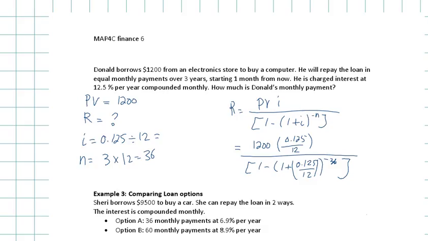Then bracket, 1 minus, another bracket, 1 plus, another bracket, 0.125 over 12, divided by 12, close bracket, close another bracket, to the power of negative 36. Close bracket. Close bracket.